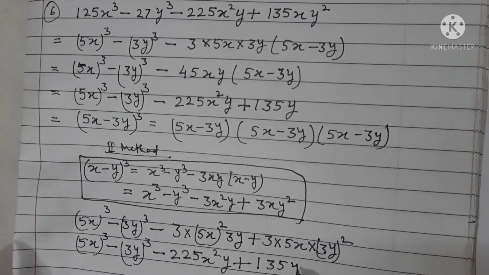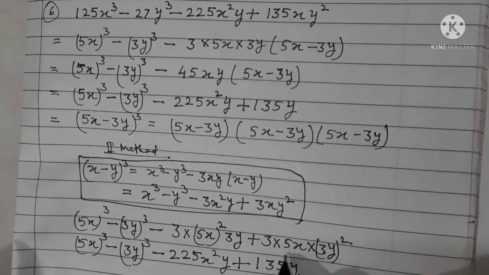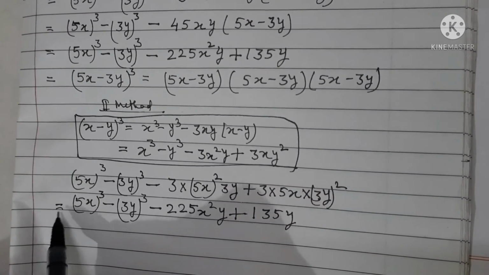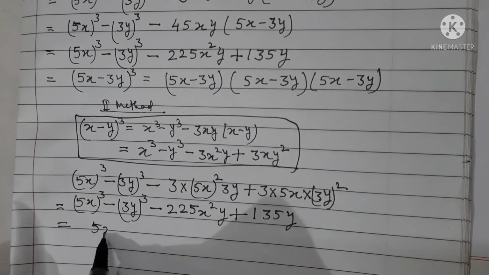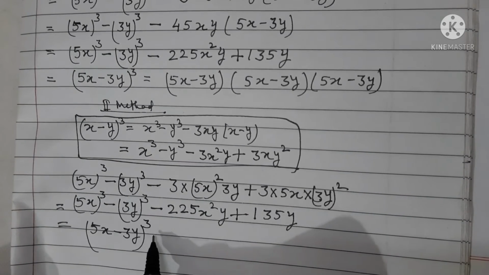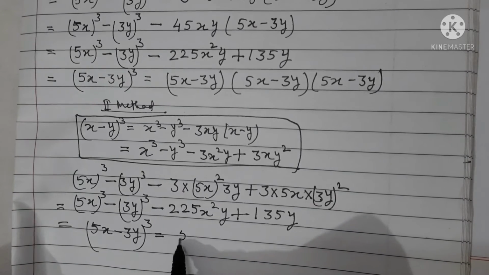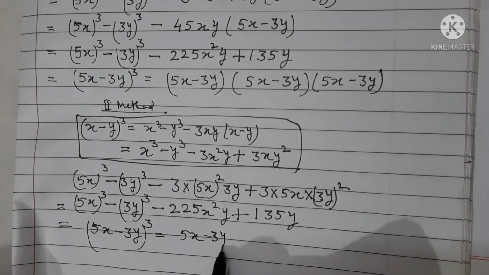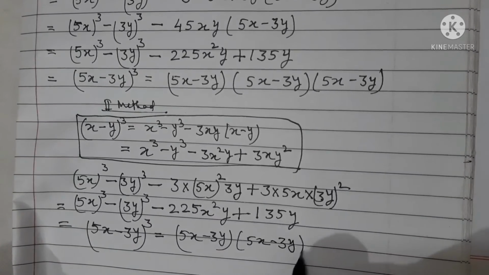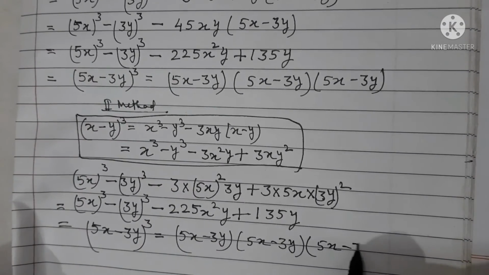It means the given expression you can convert in the identity of 5x minus 3y whole cube, which you can factorize: 5x minus 3y, 5x minus 3y, 5x minus 3y.